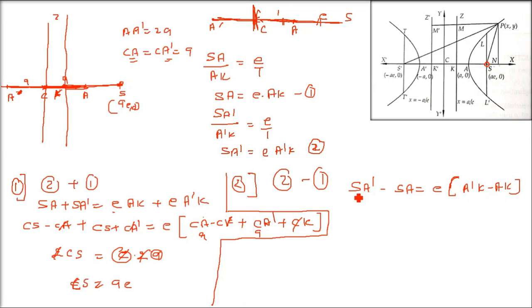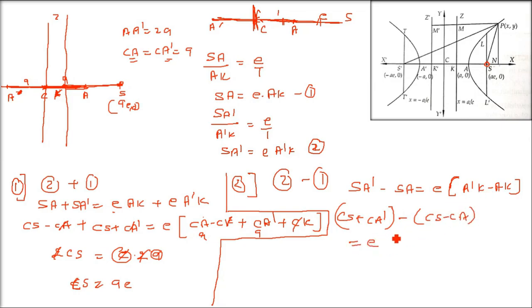So whatever we have done in the first part, we are going to write it here. SA dash was CS plus CA dash. You remember? CS plus CA dash is SA dash, and minus, what is SA? SA we wrote as CS minus CA.